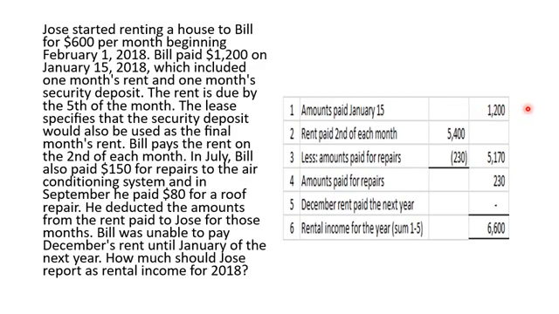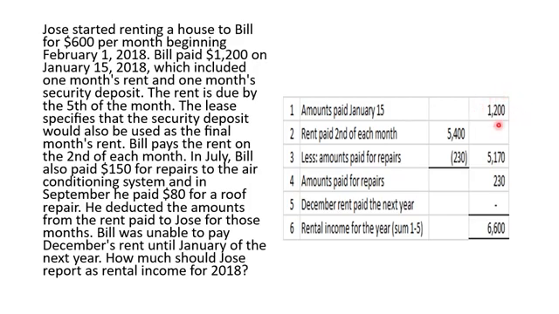Well, first, let's include the entire $1,200 paid on January 15th, both the first month's rent and the security deposit, but the security deposit is explicitly meant as the final month's rent, and therefore we include it.